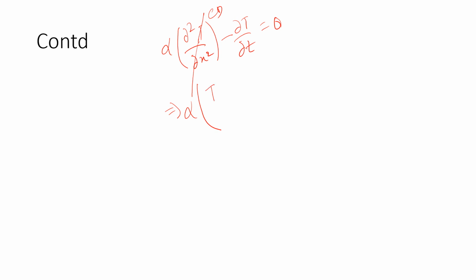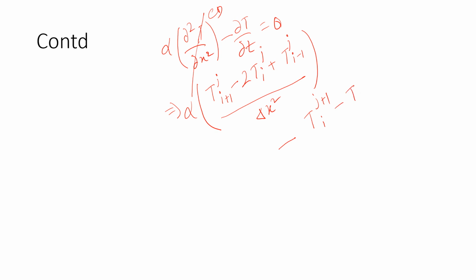So you can say this as T(i+1, j) minus 2T(i, j) plus T(i-1, j), over del x square, minus T(i, j+1). This is actually the forward difference of this term, equal to zero.